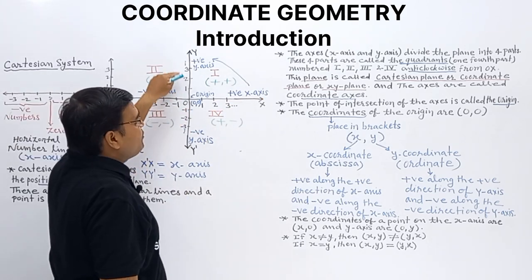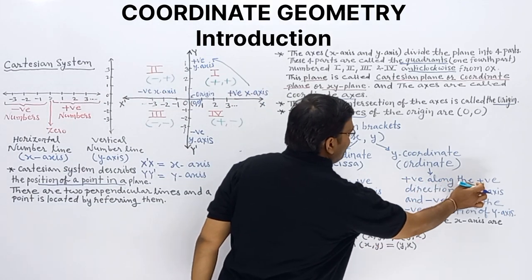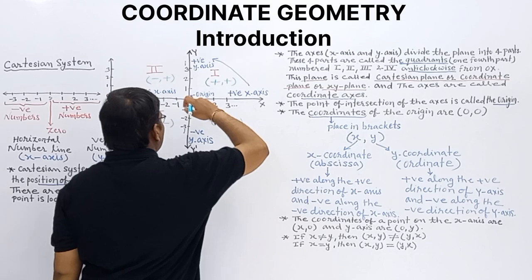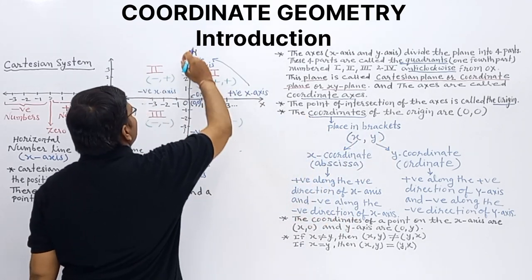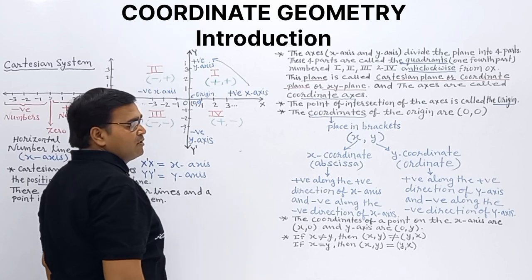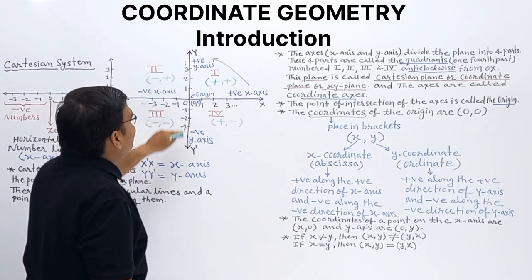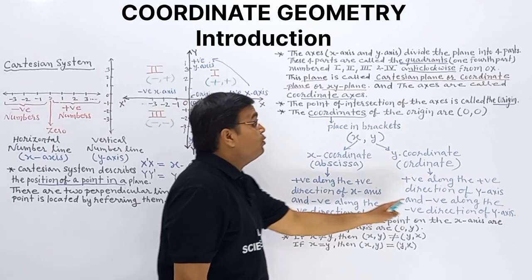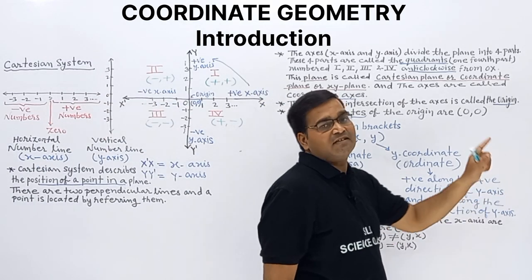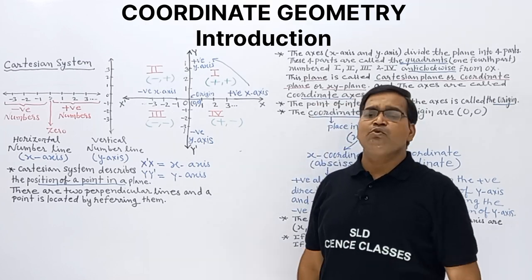And the y coordinate will be positive along the positive direction of the y axis and negative along the negative direction of the y axis. Clear? It's not hard, we can easily understand all these things.